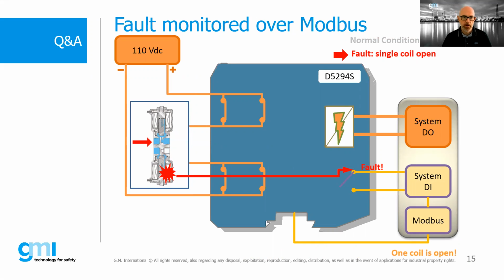What are the advantages of using Modbus communication? Well, with a single Modbus RS485 interface, it's possible to connect and communicate with all the relays present on the same bus. Multi-drop connection is possible, and communication can cover a distance of up to 1,200 meters.